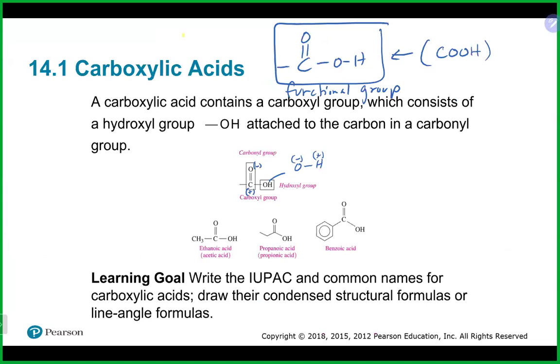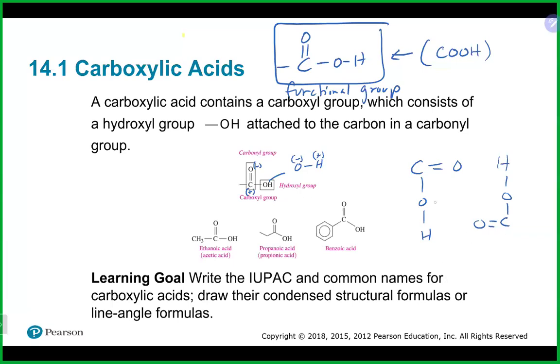And that gives it some properties. Carboxylic acids are one of the few things that can beat alcohols in terms of boiling points and melting points, because when you get carboxylic acids together with themselves, there is a lot of hydrogen bonding that can happen between those guys.